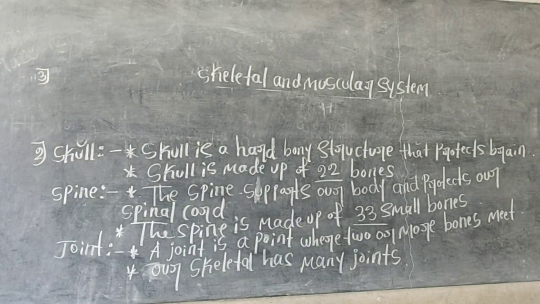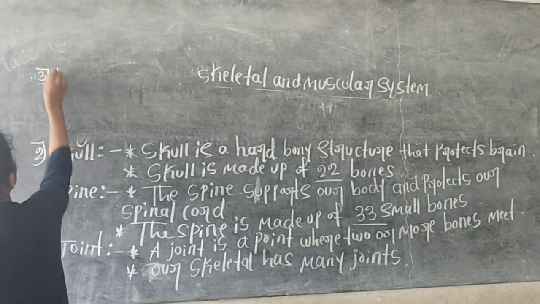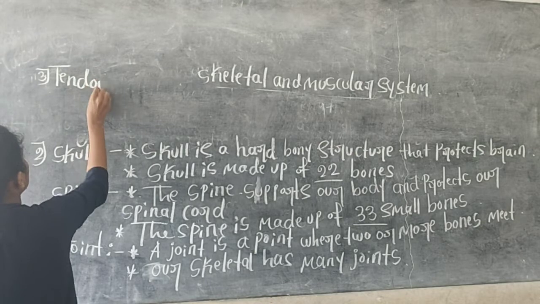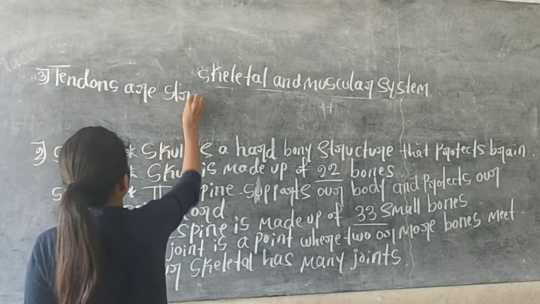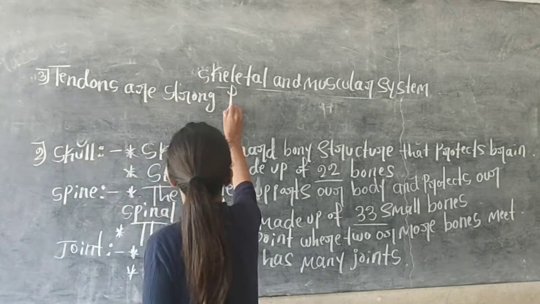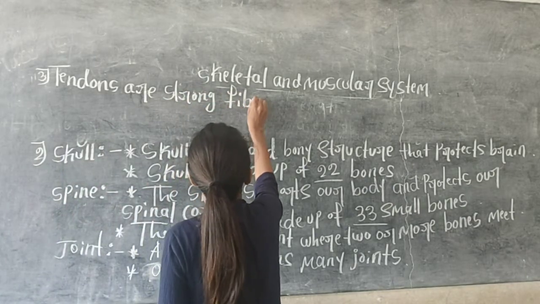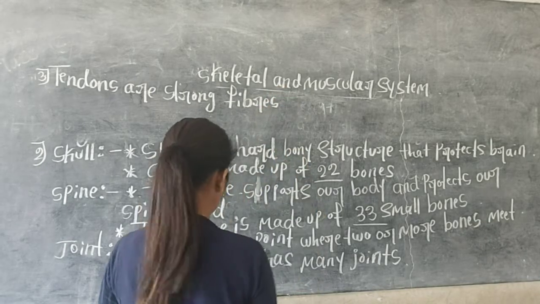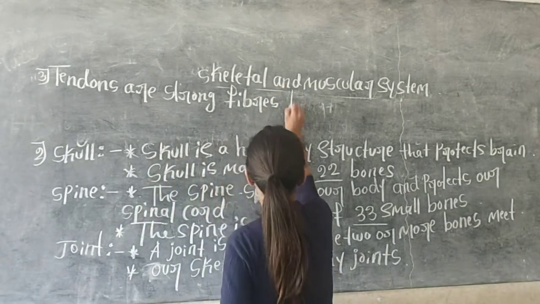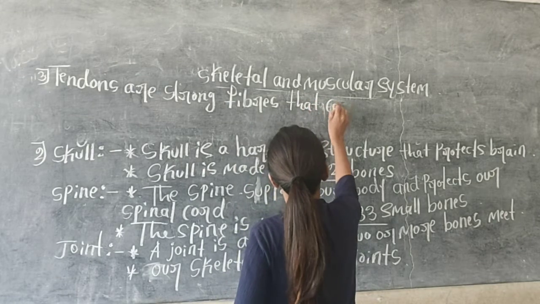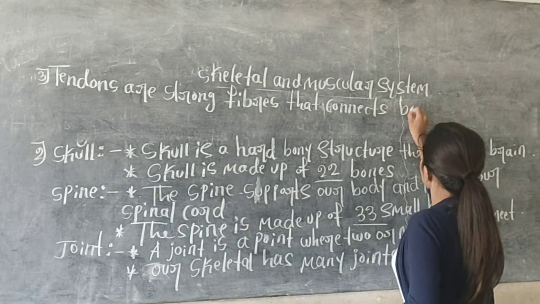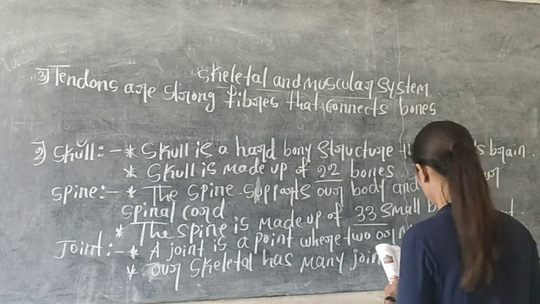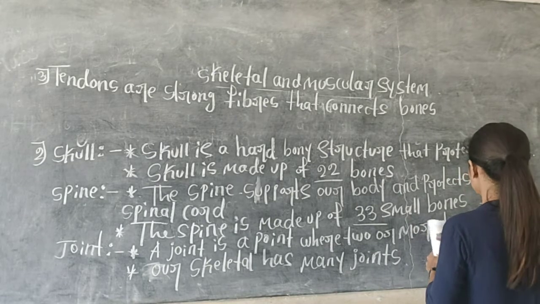Third one: tendons are strong fibers that connect bones to muscles.